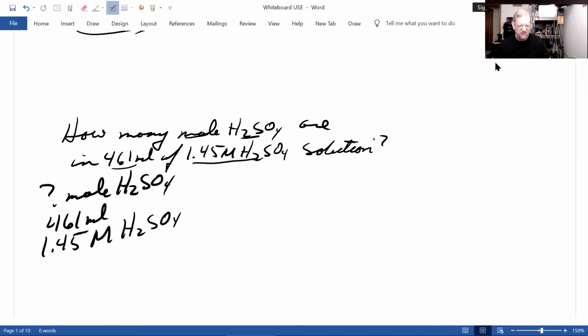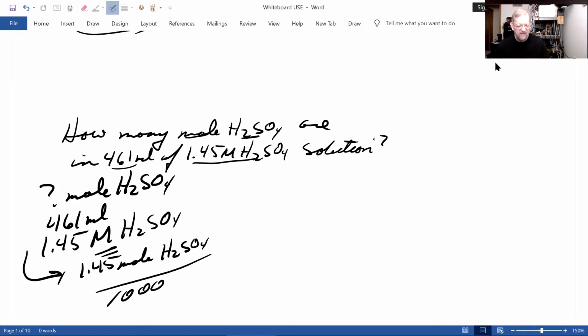In chemistry, as soon as you see capital M, that means molarity. So what this really means is 1.45 moles of H2SO4, that's sulfuric acid, per 1,000 milliliters.